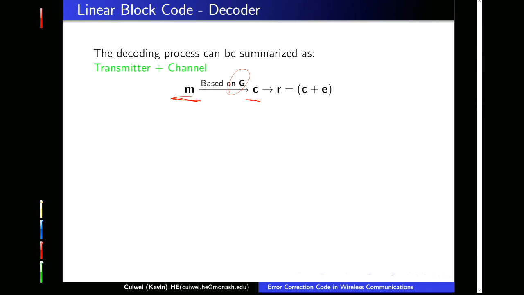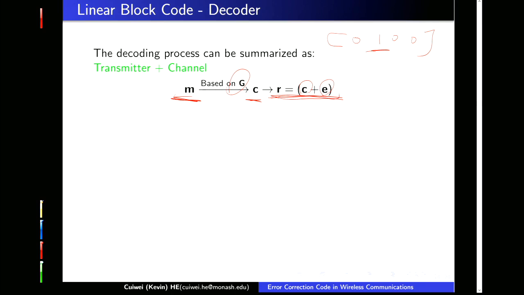It's nothing but a linear calculation, and the code word passes through the channel, which can be written in this format. This is called an error vector. For instance, if the error vector is 0, 1, 0, 0, this means the second bit in the code word is flipped. So it indicates the location of the error.